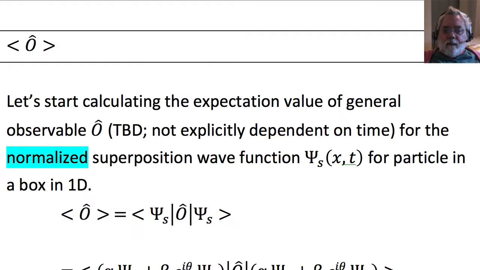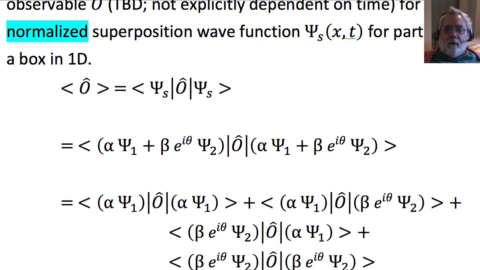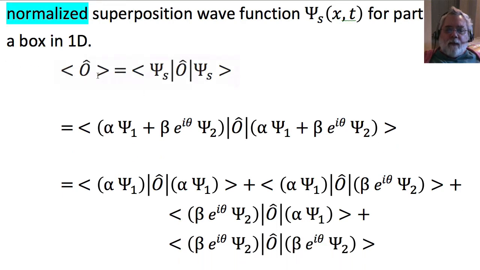Now, let's start calculating the expectation value of general observable O for the normalized superposition wave function psi sub s that we've previously defined for particle in a box in one dimension. So that expectation value is going to be this sandwich, psi sub s O psi sub s.